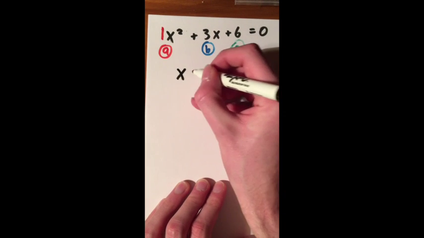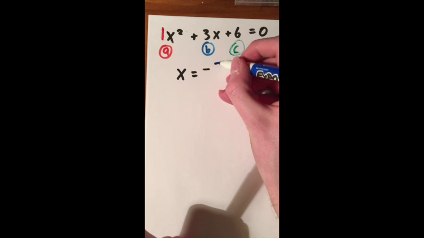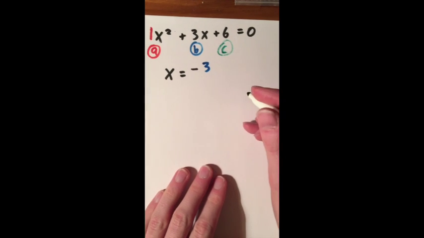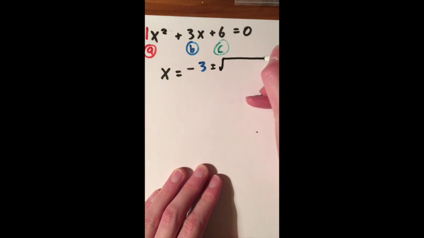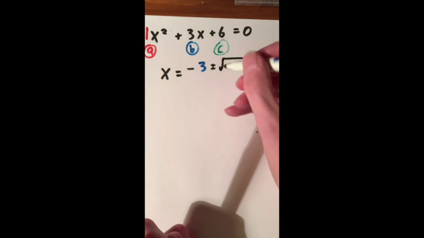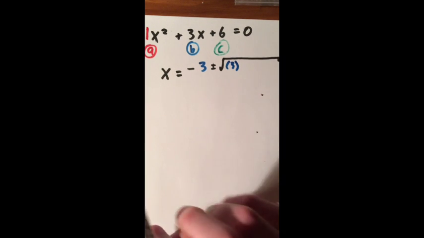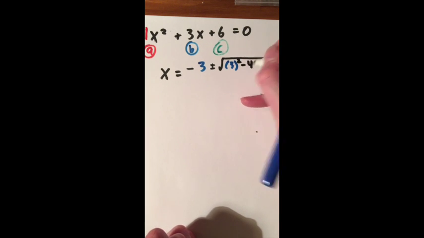So x equals negative b, well, negative b is negative 3, plus or minus square root of b squared, again, b is 3, so 3 squared minus 4 times my a.